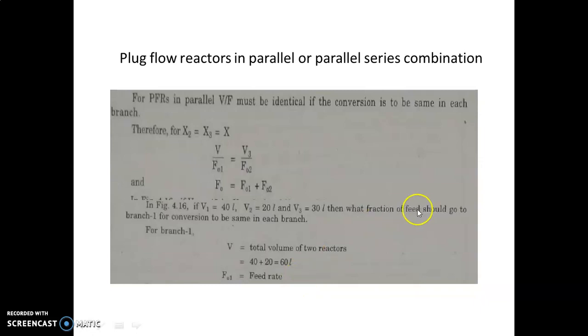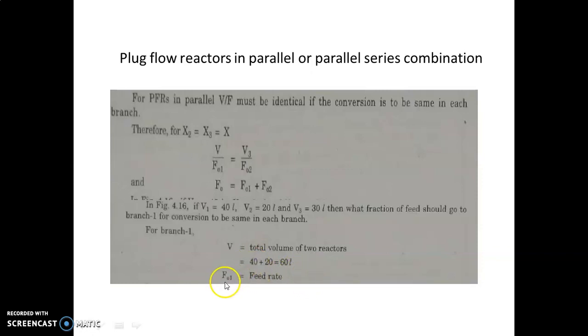So from this data we have to calculate what fraction of feed should go to branch number 1. As V1 and V2 are connected in series, we can take the total volume of both reactors. That means the addition of these two reactors. So V is equal to 40 plus 20, which is equal to 60.